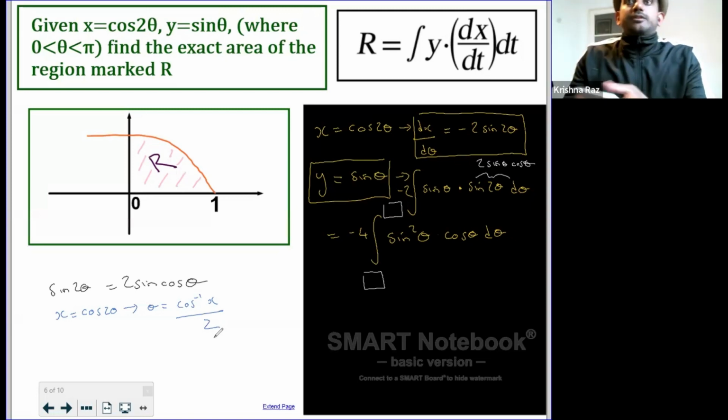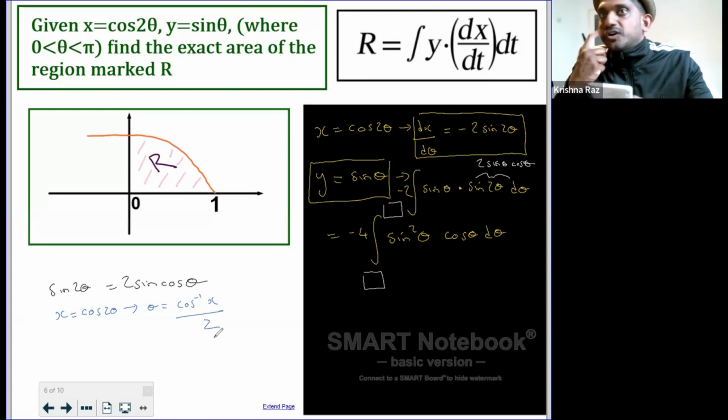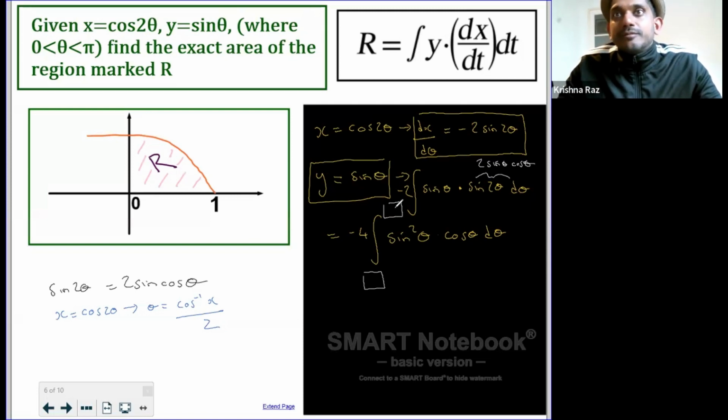If we do cos inverse of 1, that is 0. And if we do cos inverse of 0, we get pi over 2.